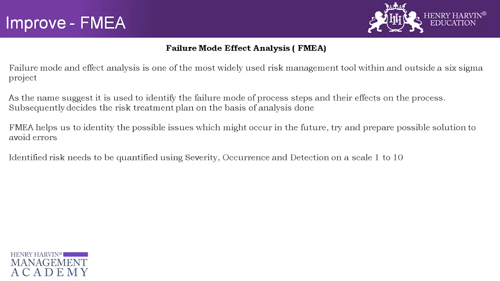And detection talks about when this failure mode or this error comes, how easily I will be able to detect it. So detection is basically tracked on a different scale. Detection of 1 means that I'm able to detect that very, very easily. And detection of 10 on a higher note means that when this failure mode occurs, when this error occurs, it is very, very difficult to detect. I will not be able to detect that.